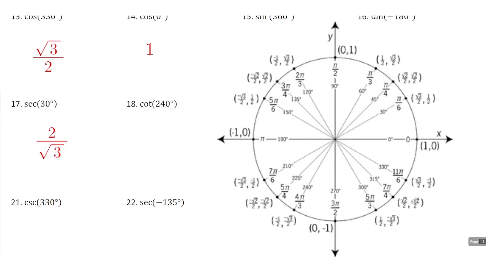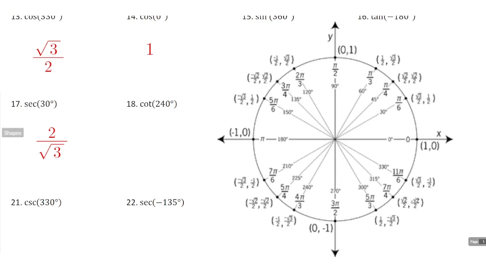Number 18, cotangent of 240 degrees. Now cotangent, instead of doing y divided by x, we're going to do x divided by y. Now just like with that tangent problem that we had before, both of these are over 2. We're looking at 240 degrees in that quadrant 3. And so we're going to divide x divided by y.